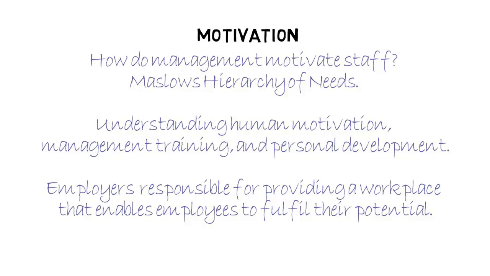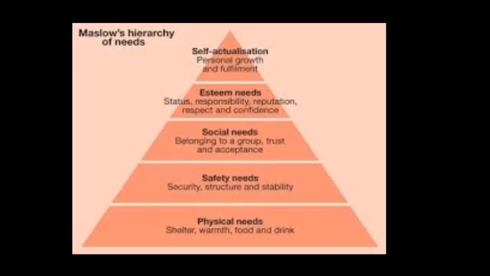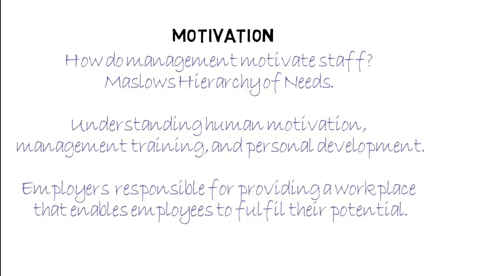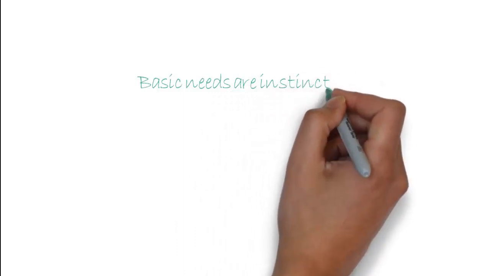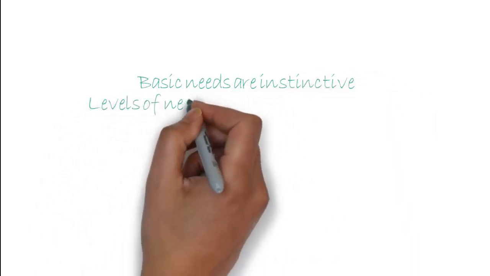His view is that employers are responsible for providing a workplace environment that encourages and enables employees to fulfill their own unique potential. Our most basic needs are instinctive, having evolved over many thousands of years.